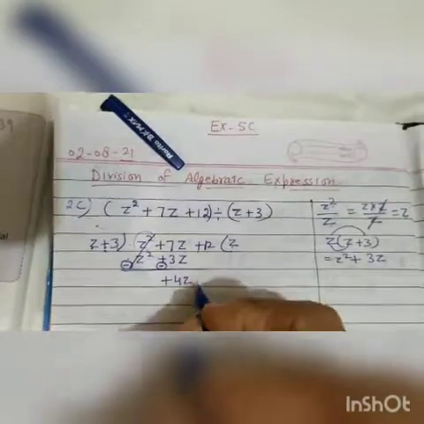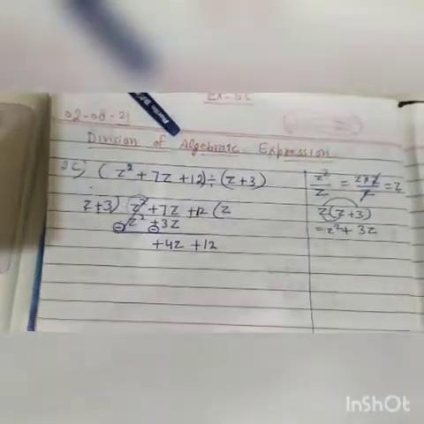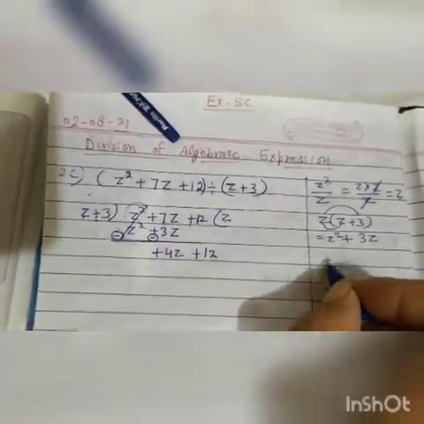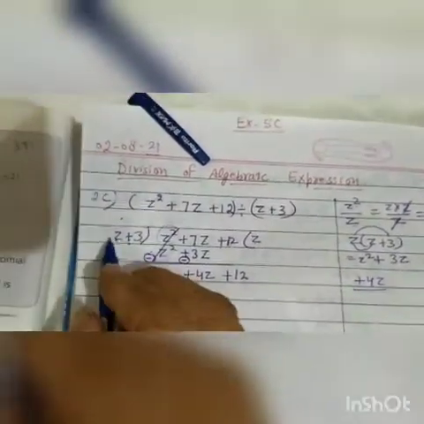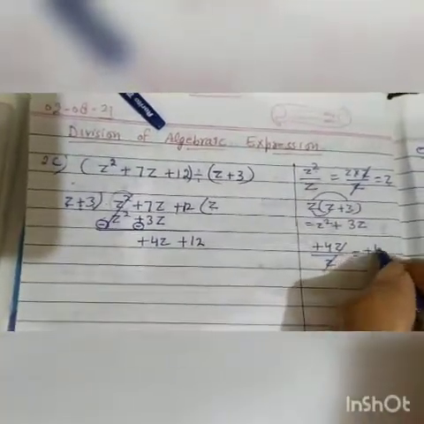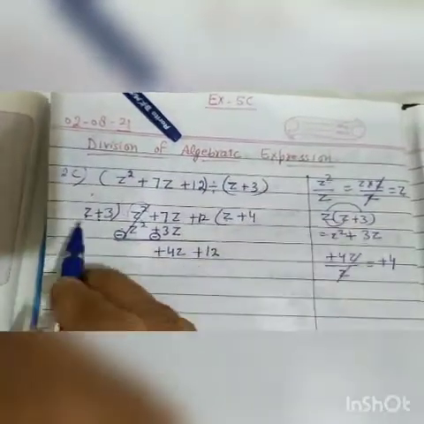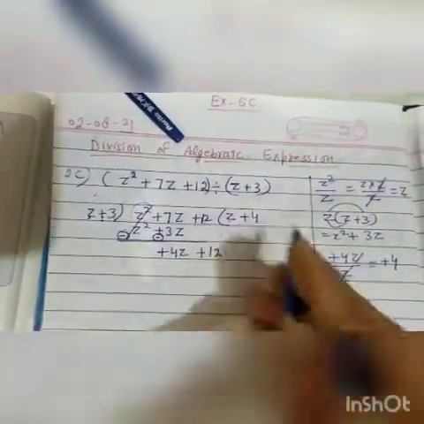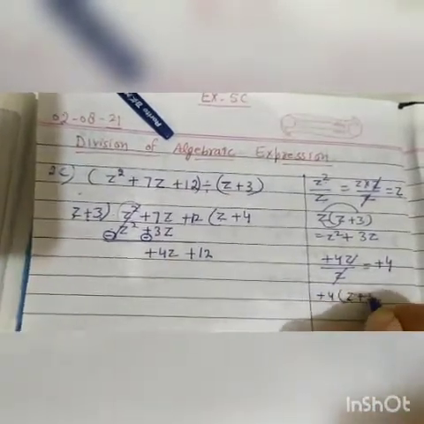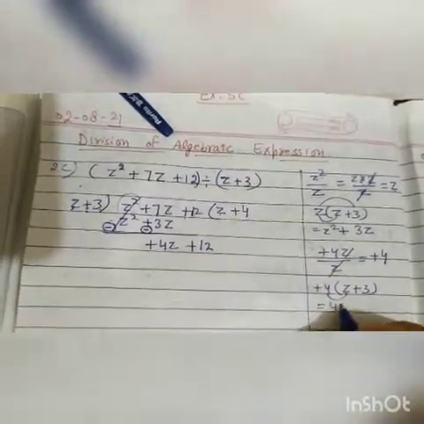Now write this term plus 12 here and repeat the same process. We will divide its first term plus 4z by this z. So z cancels and we get plus 4. We will write plus 4 here. Now this z plus 3 is multiplied by this plus 4. So plus 4 multiplied by z plus 3. 4 multiplied by z, we get 4z.